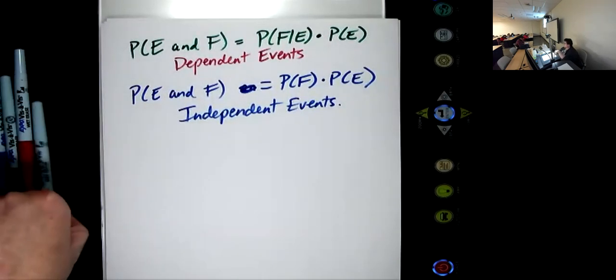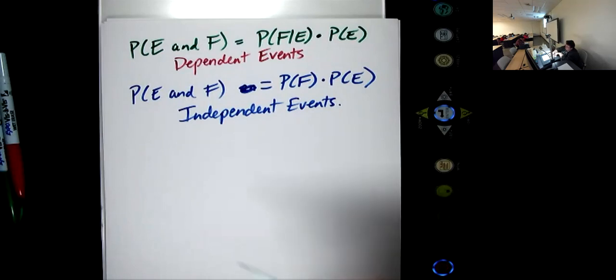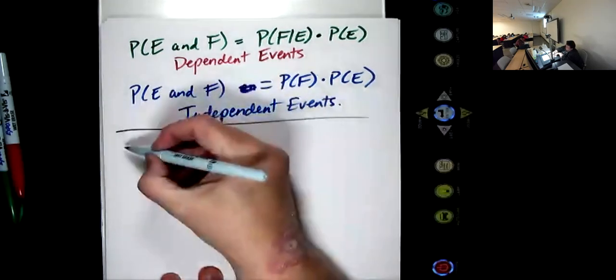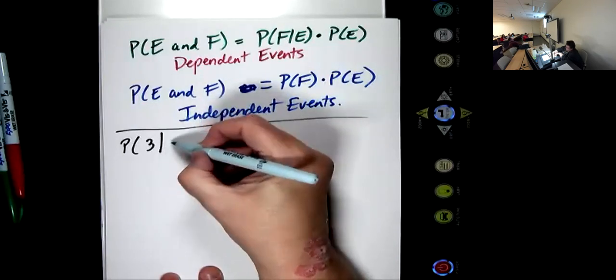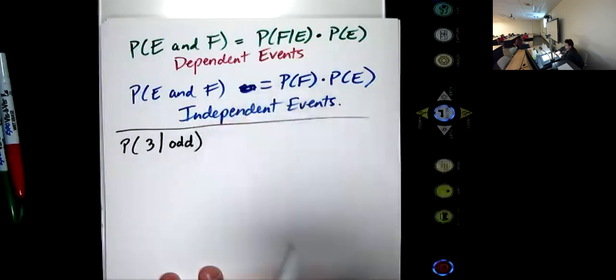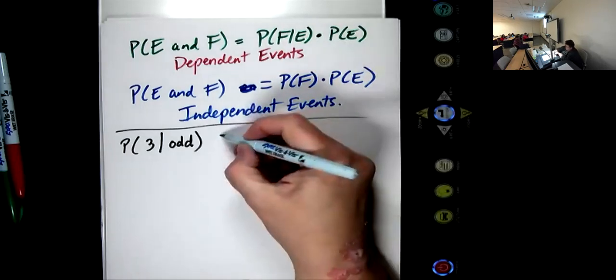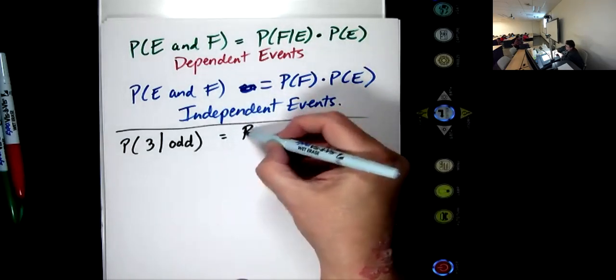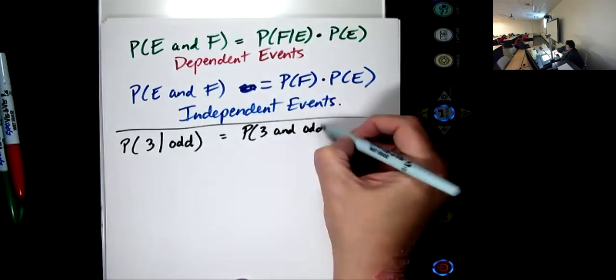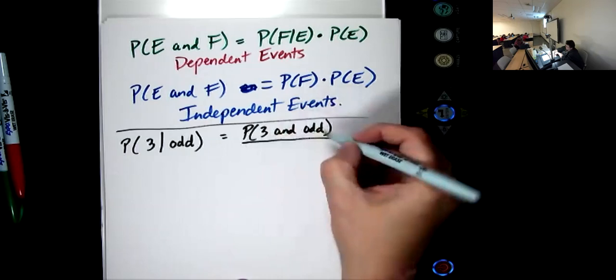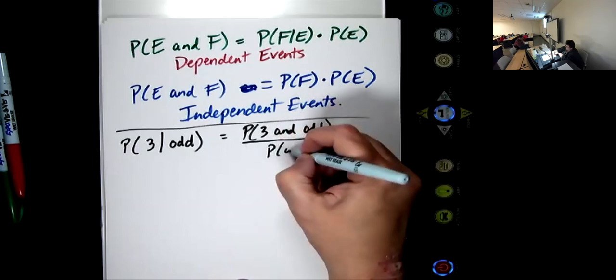Let's take a look at what we just did with the dice rolls. I said the probability of rolling a 3, given that it's odd. That should be the probability that it's 3 and odd over the probability of it being odd.